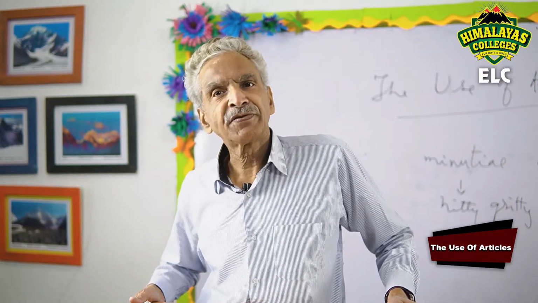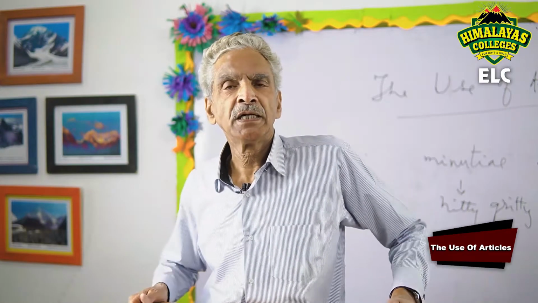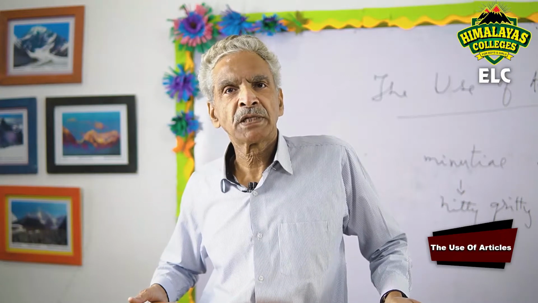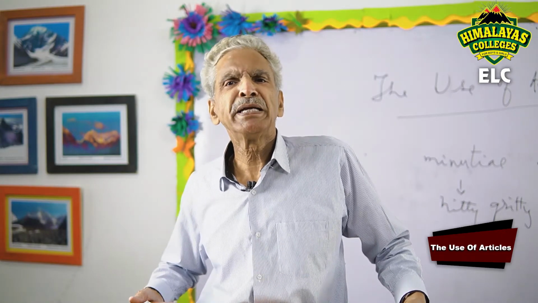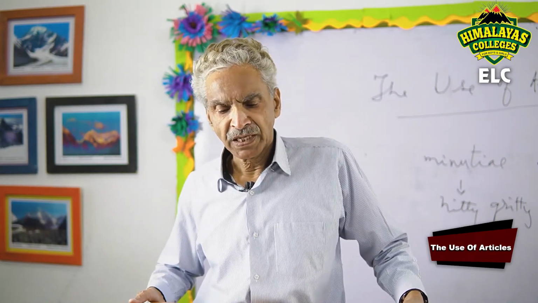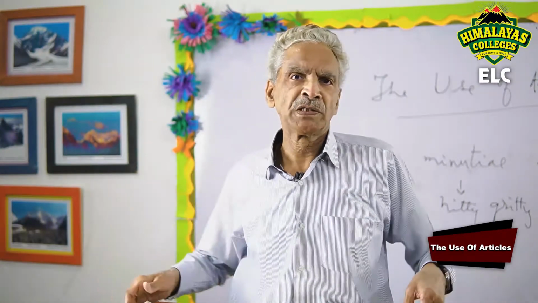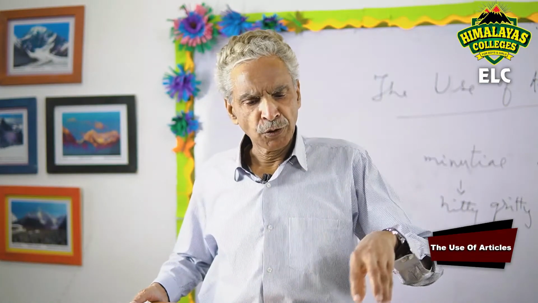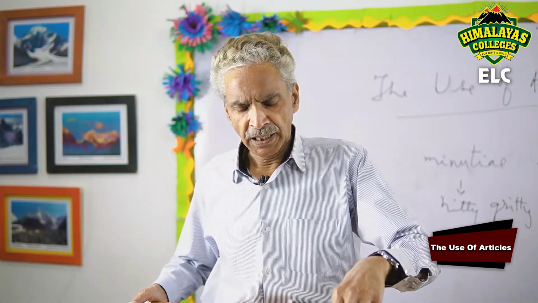If at all a determiner is needed, some water. Or information. I have already said no article, but a quantifier like some could be there. Some information. I need some information. So this was a brief account of the way the, a or an, and no article situations are expressed.